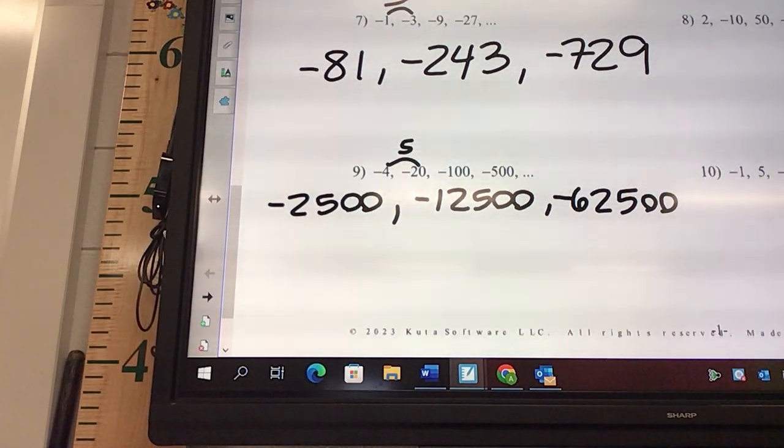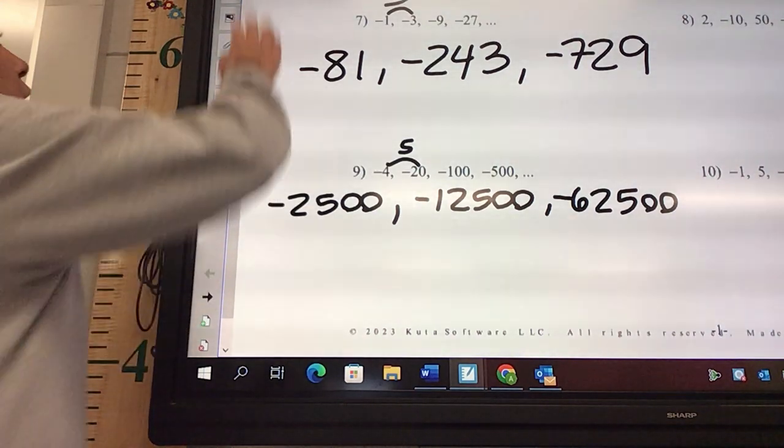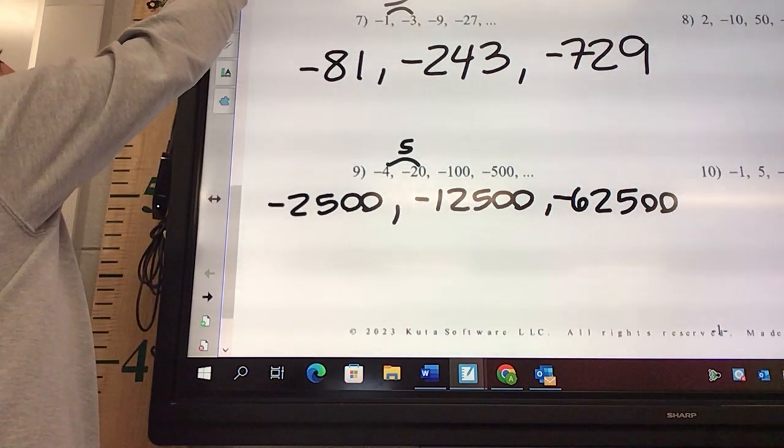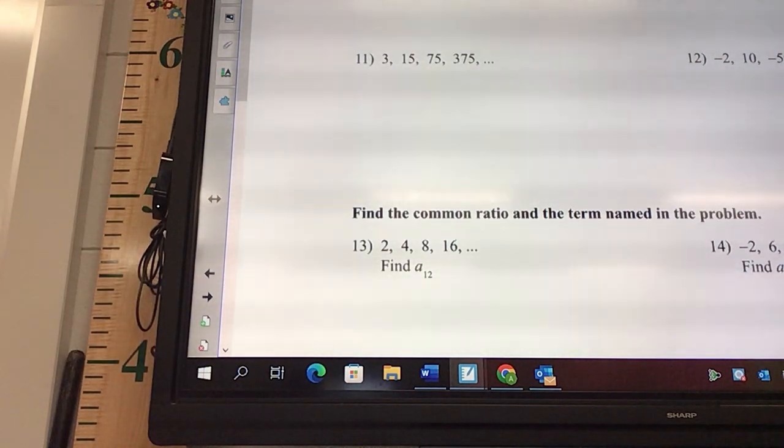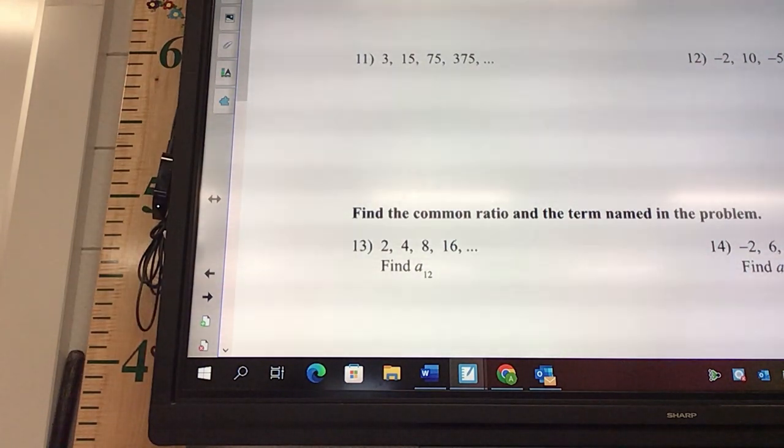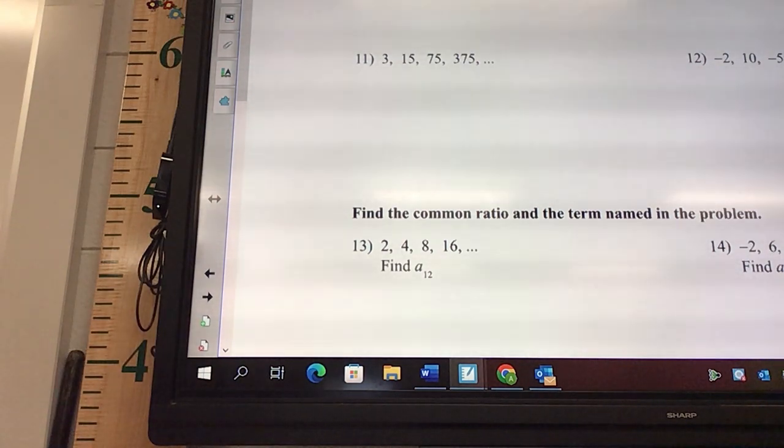Okay, flip it over. Start working on the back. There's one more old one on the back, and then the rest are going to be the new. Okay, so 11. What is that common ratio? 5.